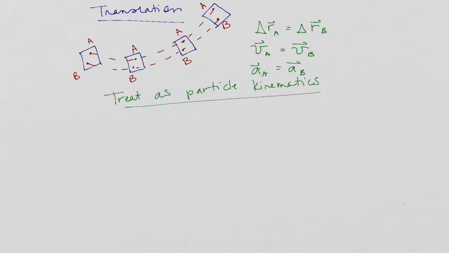And the main equations here are those ones that I just mentioned. So the velocity equals the change in the position over the change in time, or the acceleration equals the change in velocity over the change in time. You may want to go back and look into some of those equations for particle kinematics. Maybe I'll write them out here.